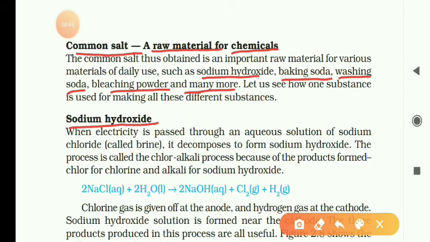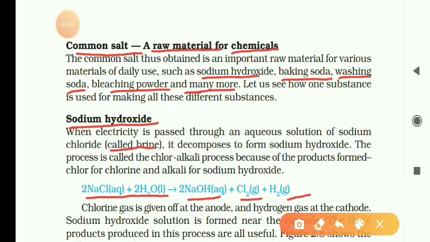When electricity is passed through an aqueous solution of sodium chloride, which we call brine, it decomposes to form sodium hydroxide, and also produces chlorine and hydrogen.